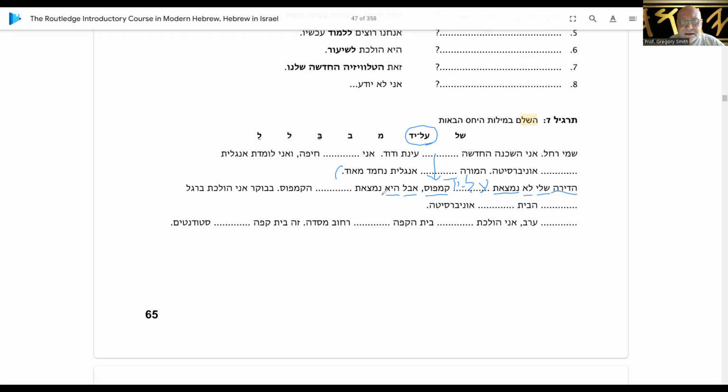Aval, but he nimsaet. It. Notice this he right here. If it's referring to a person, it would be she. But because it's referring to a thing, it still uses he in terms of referencing it. But it is feminine. It's in a feminine gender. So, but it is located, and this is in reference to Hadira.